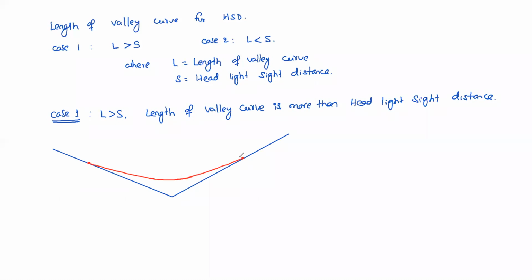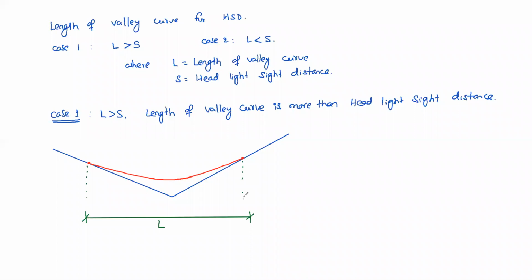Whenever the vehicle occupies, from here to here the distance is the length of curve. In the horizontal direction only we measure that length of curve. Even though it is a curved one, the measuring length is in the horizontal direction only. That is the length of curve.